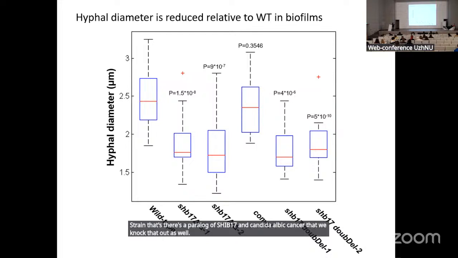And what you're seeing is that if you don't have SHIB17, so these two and those two, you have, in fact, thinner hyphal filaments. So that's consistent with our observation that the biofilms are not as healthy, and also that this is the morphology that Candida albicans uses for invasive growth.